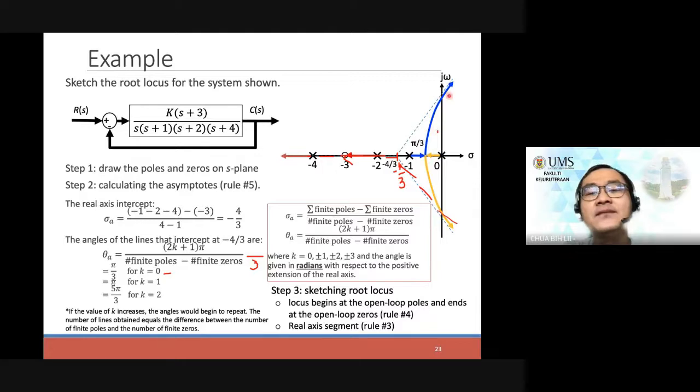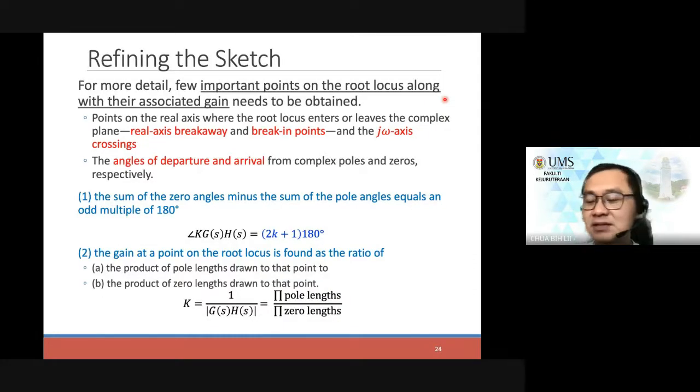So from this plot itself, we can know the range of K values that you can select. So you have to identify these points. These are the points where we have some interest, therefore we say we want to refine the sketch. Those points we call the real axis breakaway and break-in points, as well as the j omega axis crossing.